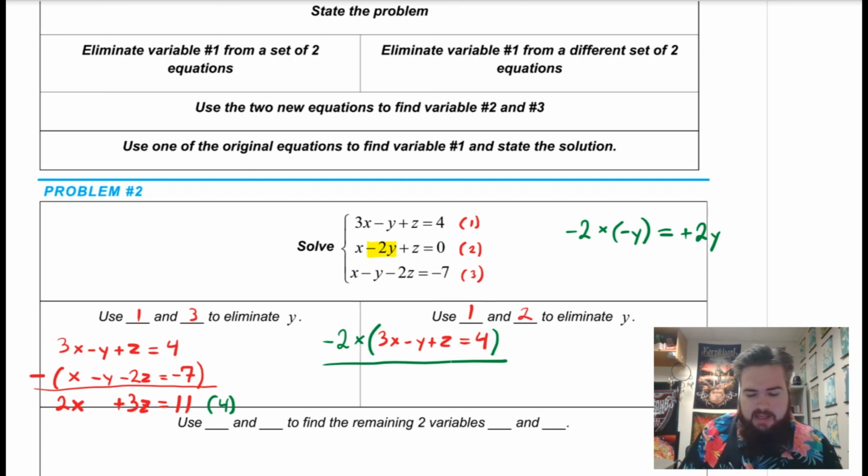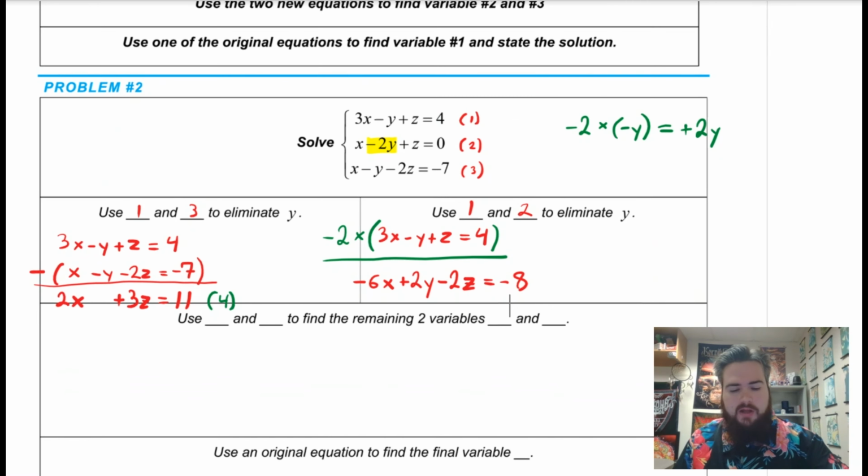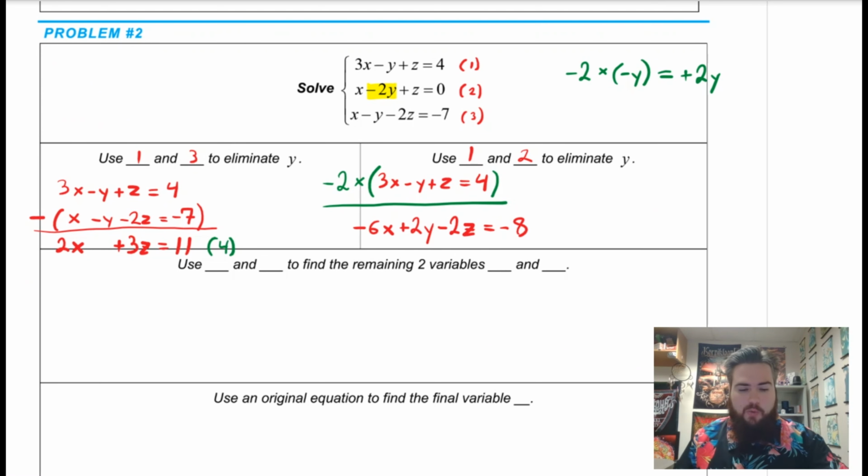If I do that, negative 2 times 3x will give me negative 6x. Negative 2 times negative y, as we said, will give us plus 2y. Negative 2 times positive z will give me minus 2z. And lastly, negative 2 times 4 will give me negative 8. Then I'm going to be taking that equation along with the second equation from my original set, adding them together and creating a new fifth one.